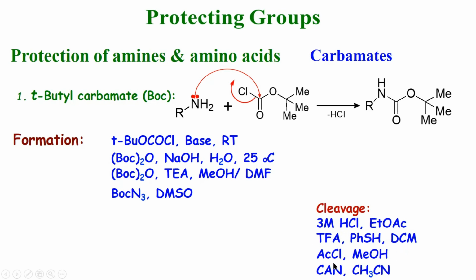The cleavage can also be accomplished by using acetyl chloride and methanol. We can also carry out the deprotection by using an oxidizing agent like ceric ammonium nitrate in acetonitrile. These are the versatile methods of cleaving the carbamates.